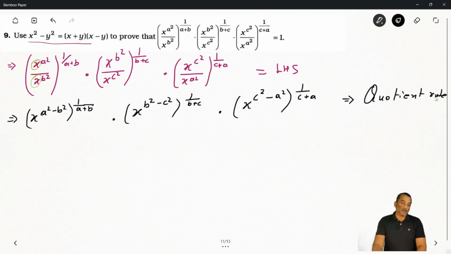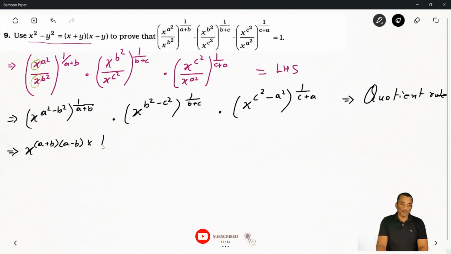Okay. Now, after that, it is saying use the identity x square minus y square is equal to x plus y, x minus y. So same way here we can say x to the power a plus b times a minus b and whole multiplying with 1 by a plus b.